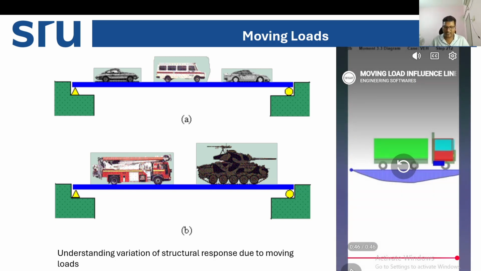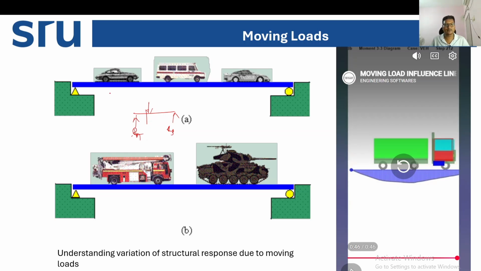If there is a static load, let's say there is a simply supported beam and a point load is there. In that case, we are able to calculate what is the reaction at A, what is the reaction at B, what are the shear force and bending moment under the loads. But now what happens? The load is moving.